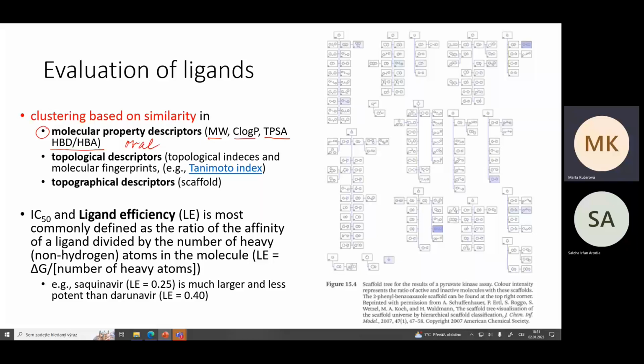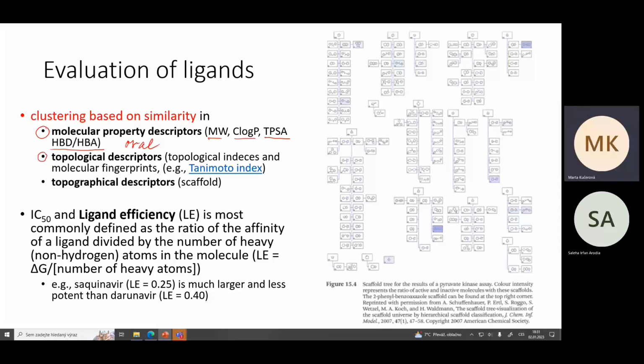There might also be other descriptors, for example, topological descriptors. Maybe Dr. Zitko explained in one of his lectures. So we use so-called topological indices or molecular fingerprints. So we judge the molecule from the point of view of chemical structure, but we transfer the structure into numbers.